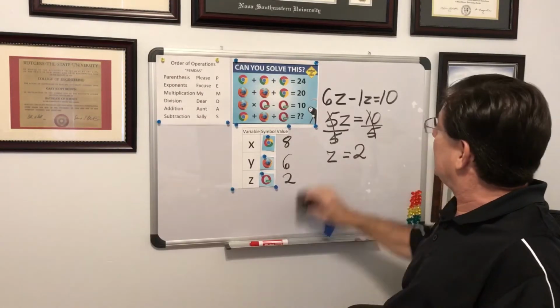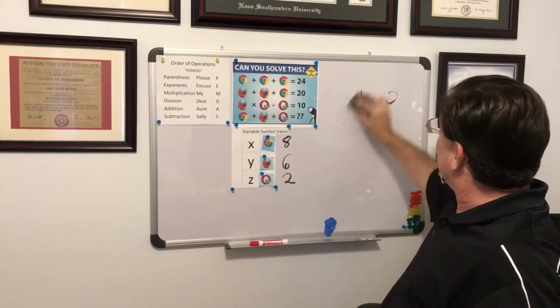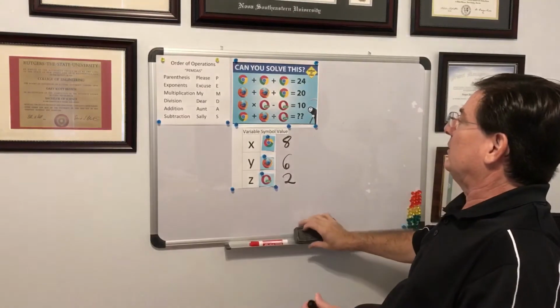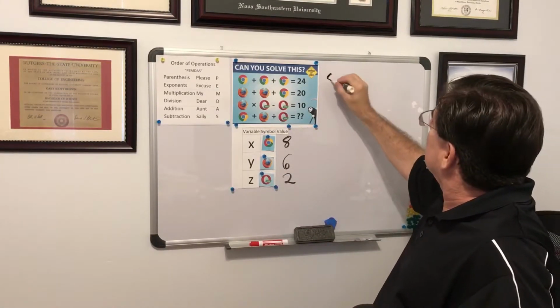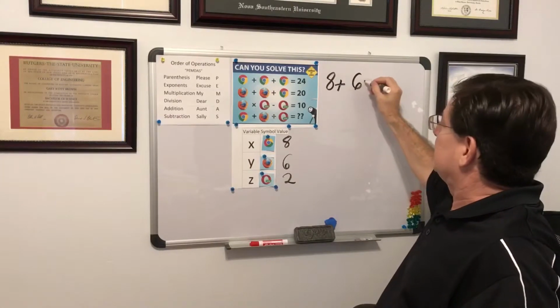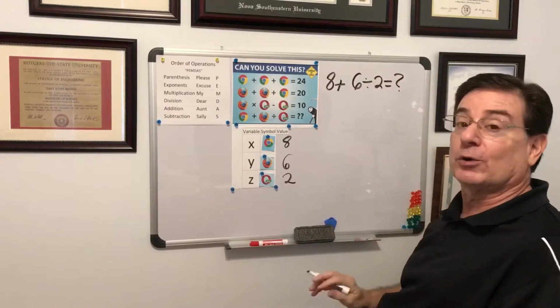We just need to be patient and apply our steps of PEMDAS to come up with the desired solution. So now here we go. We have 8 plus 6 divided by 2 equals, and I'll just write the 1 question mark.